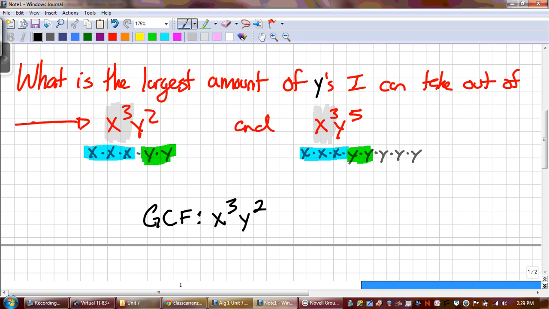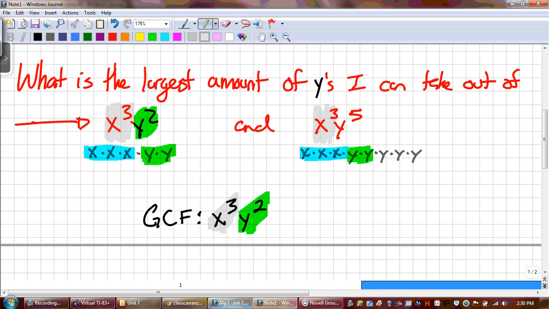Okay? So the trick to this, the little shortcut, is you look for the smallest exponent of each variable. The smallest exponent was 2, and that's why it's 2. For the x's, they both had 3, and that's why it's 3.